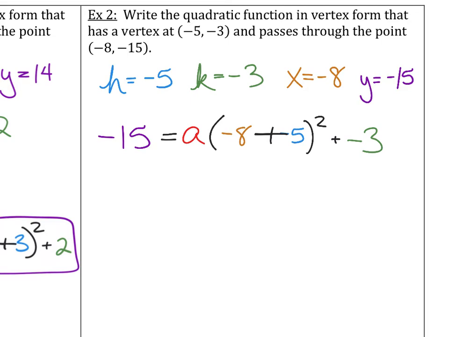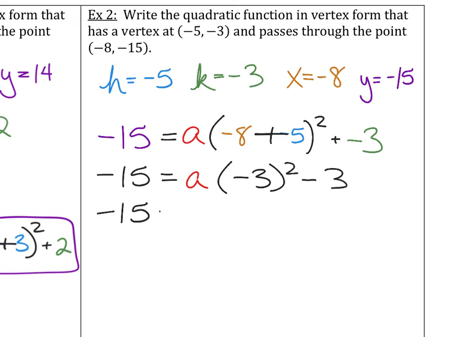We go ahead and we do PEMDAS. I'll show an extra step of work here for you. This is going to be negative 15 equal to A times negative 8 plus 5. That's negative 3. Negative 3 squared is negative 3 times negative 3. What's negative times negative? Positive. So this is positive 9A minus 3.